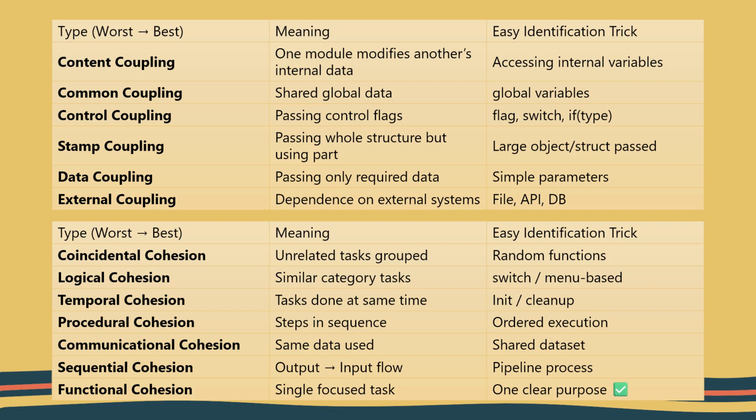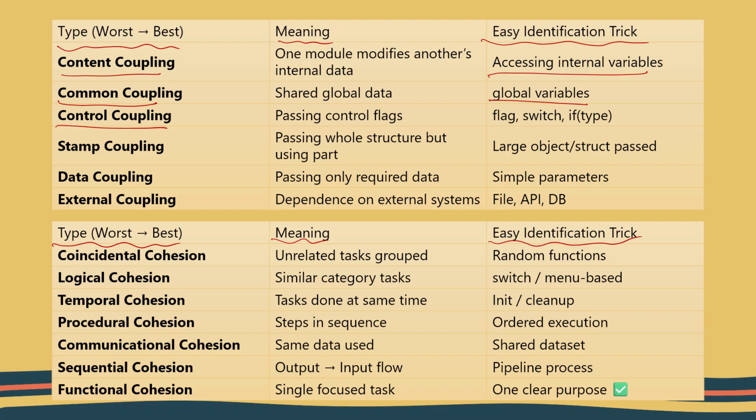Now next, this is a table for you all for your reference. This has all the types, its meanings, and easy identification trick. So try learning them. Like content coupling: accessing internal variables. Common coupling means there's something in common, global variables.